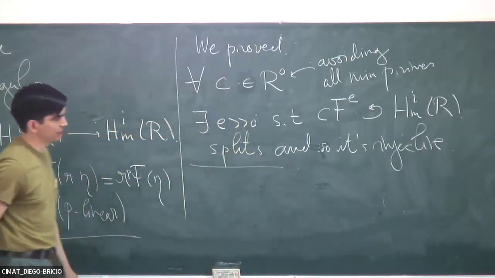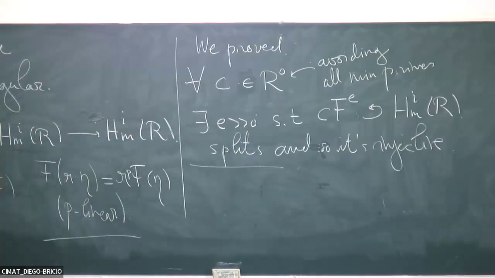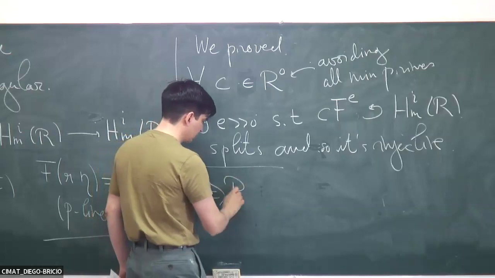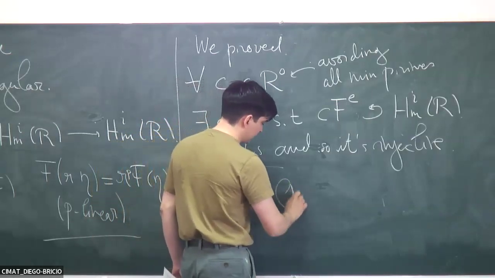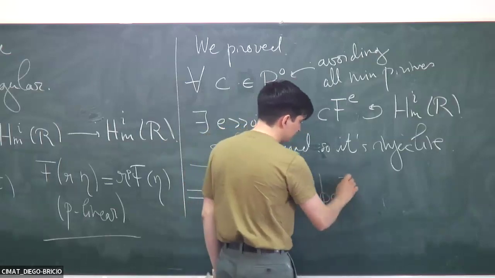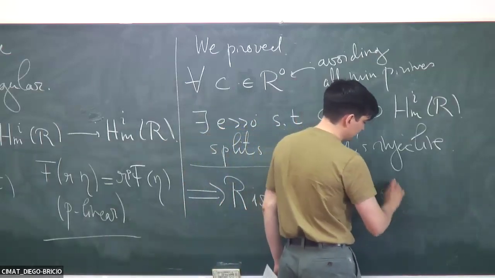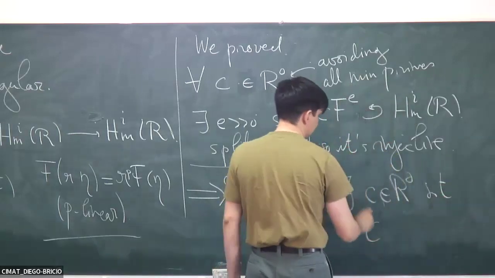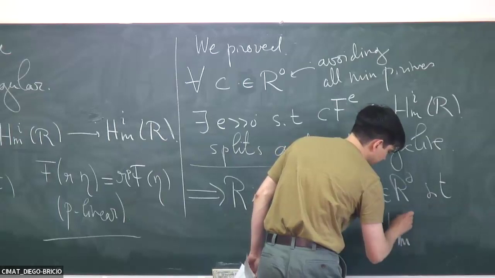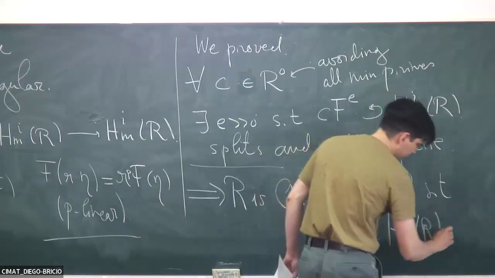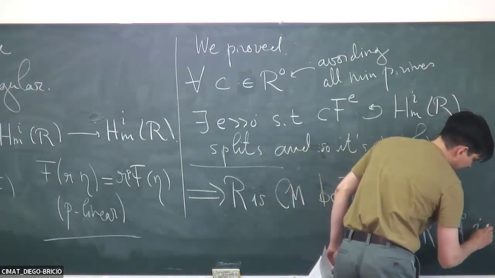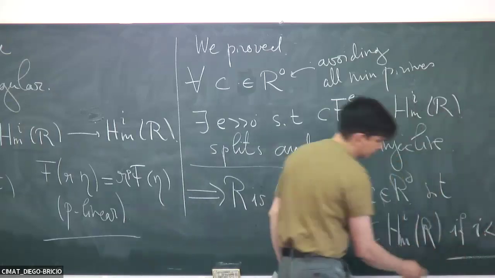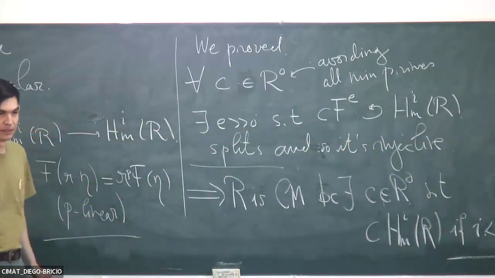And how does that imply that this is Cohen-Macaulay? Well, this implies that this is CM, because there exists c in R circle such that c kills every single one of these as soon as i is less than the dimension of R. Right?